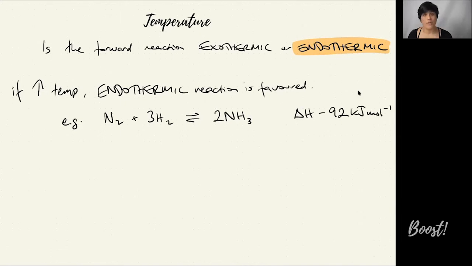Okay, and what that tells us, the enthalpy change of this forward reaction, is that the forward reaction is an exothermic reaction because we've got this minus sign here. So the forward reaction is an exothermic reaction, and that means the backwards reaction is an endothermic reaction. Therefore, in the Haber process, if we increase the temperature, then the endothermic reaction, which is the backward reaction, will be favored.